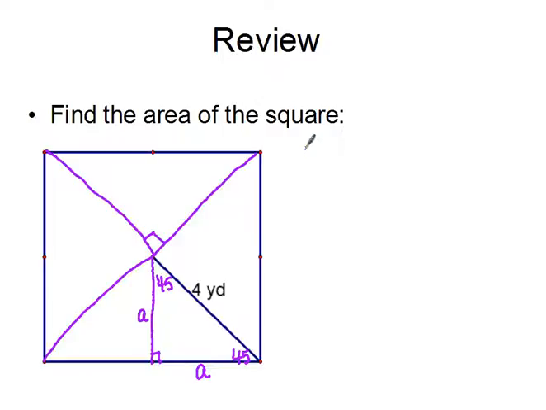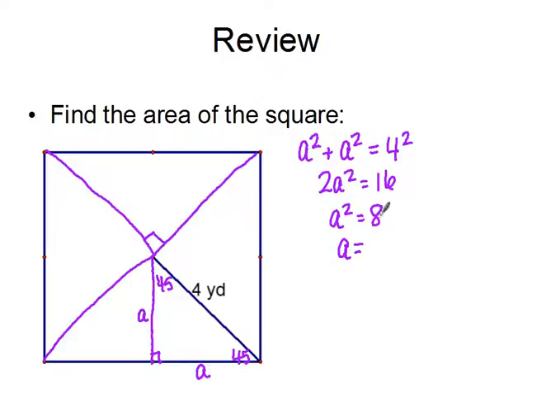Okay, so we could do Pythagorean theorem to find those A's that we need. Okay, so let's do a little Pythagorean theorem here. Alright, so we get A, if you take the square root of both sides, is 2 root 2. So this is 2 root 2, and this is 2 root 2.